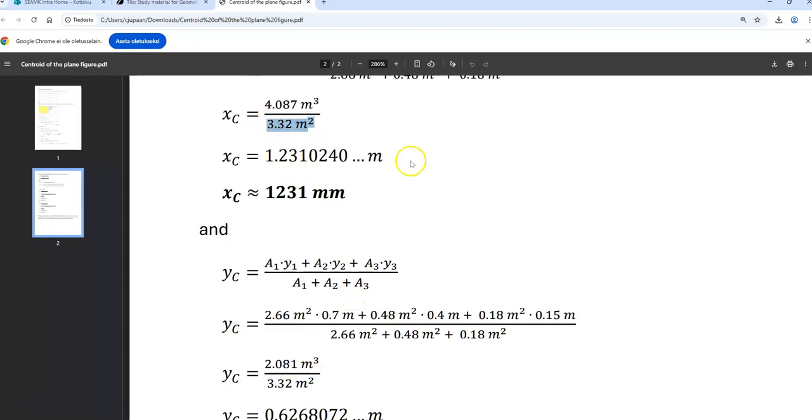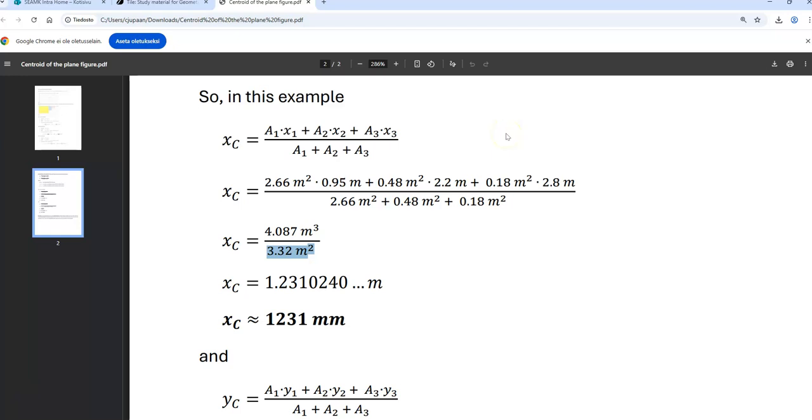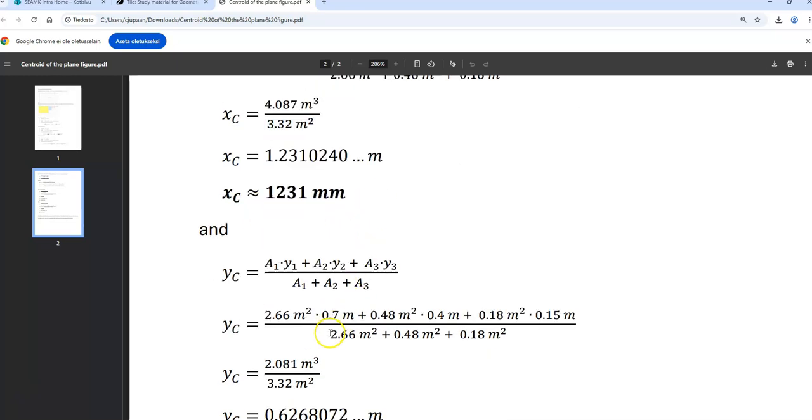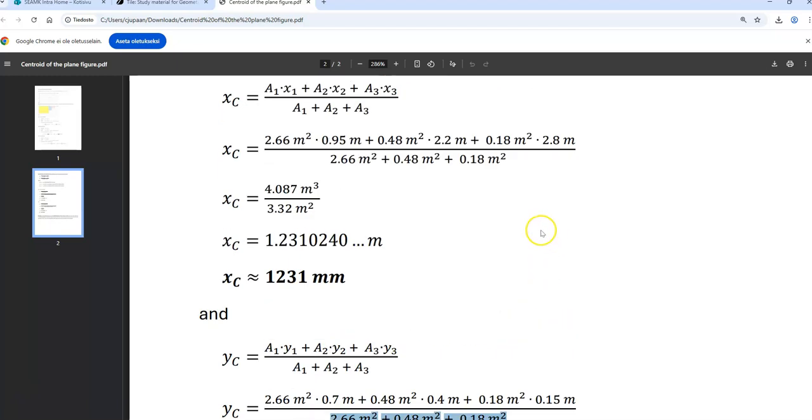So usually when I'm calculating these centroids, I don't calculate the same area 2 times. I just simply write there 3.32. Well, not every time 3.32, but in this example I would do so.